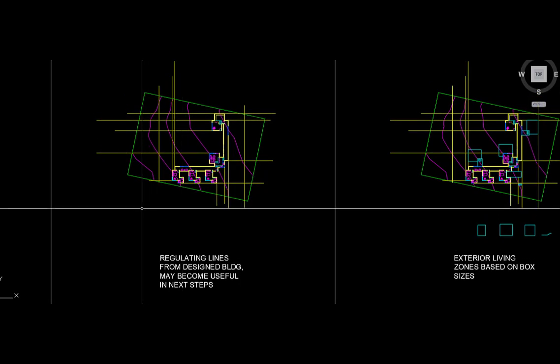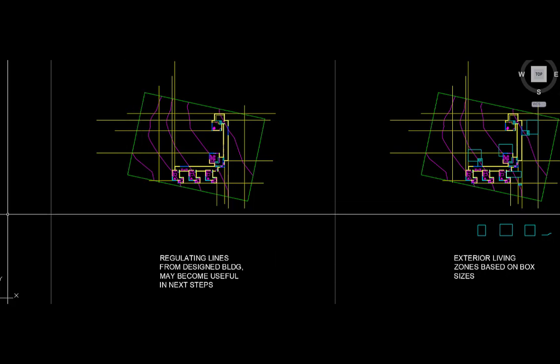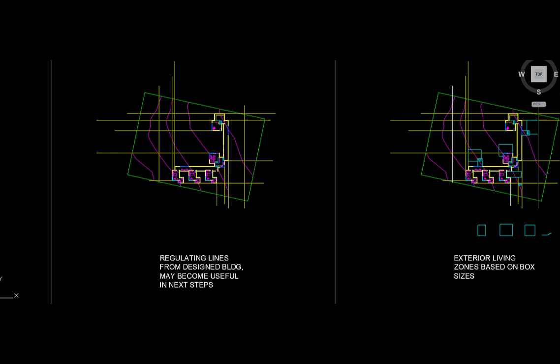We've generated regulating lines that are born from the building, just like some of the images we looked at previously, in which some regulating lines are probably born from the building geometry, such as this.